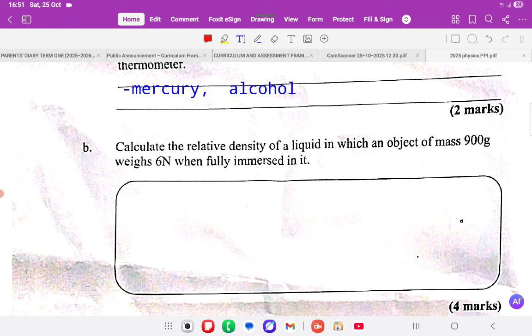So we are to calculate the relative density of a liquid in which an object of mass 900 grams weighs 6 newtons when fully immersed in it. That's a very important question.